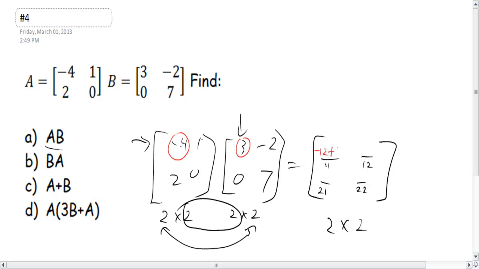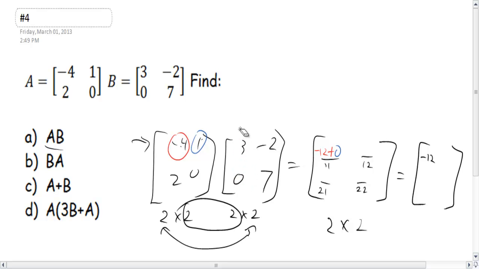Then we add. Moving along the row, my next entries are 1 and 0, so 1 times 0 makes 0. Adding these together, my 1,1 entry is -12 plus 0, which makes -12.